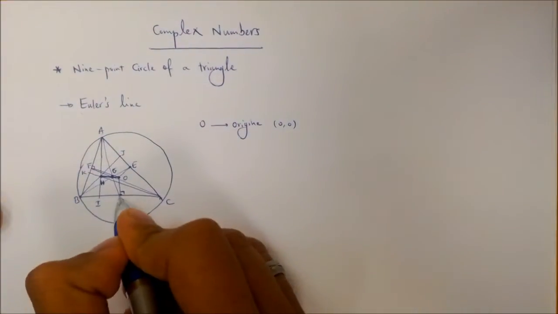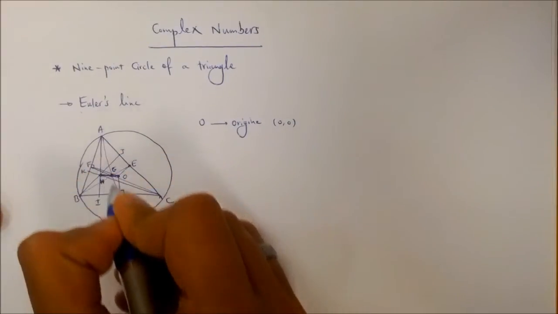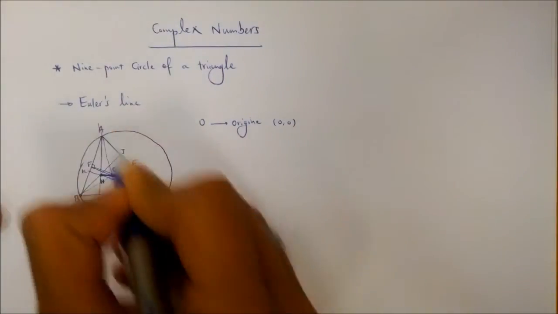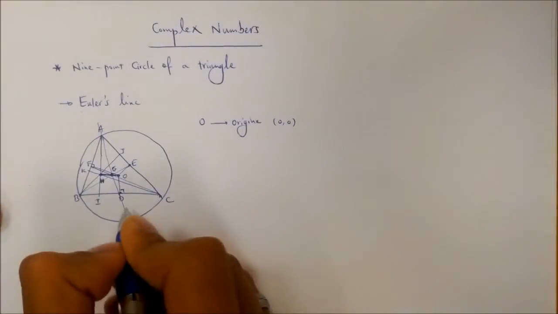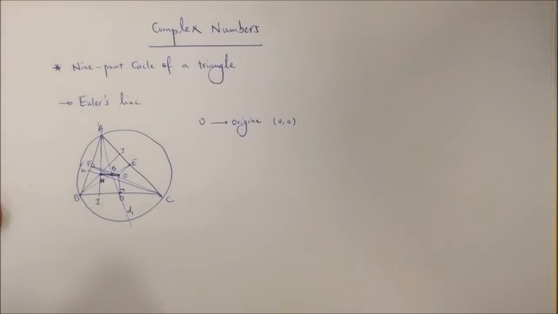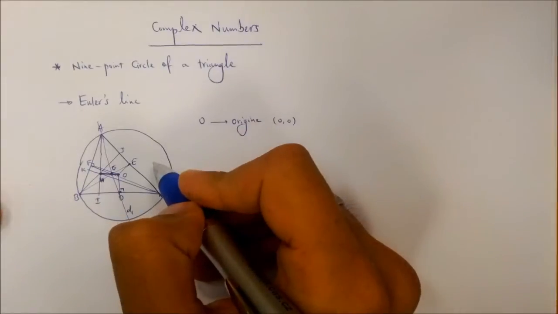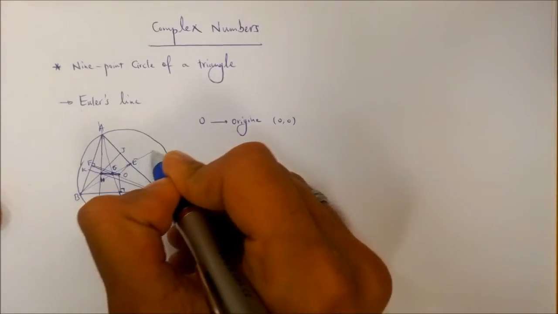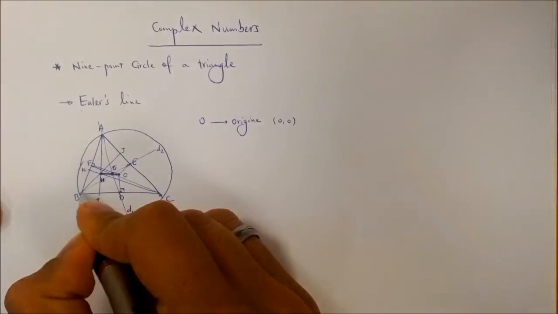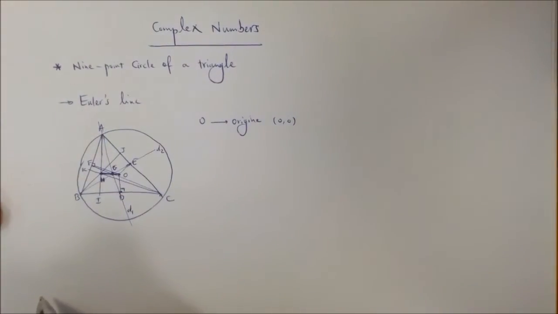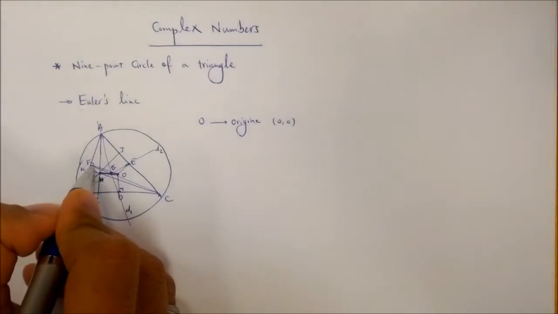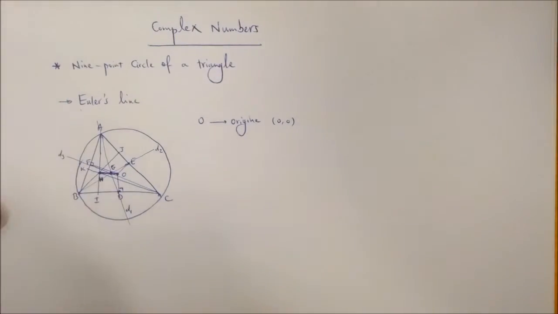I consider the equation of the line passing through the points A and D, for example D1, and the equation of the line D2 connecting B and E, and the line CF, D3.